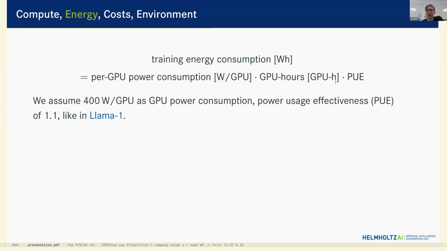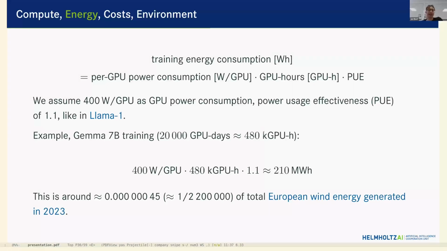There's also this power usage effectiveness factor. Don't ask me exactly what that is, I just took this from a paper. But let's punch in the numbers again and see what we get. For the Gemma training, 20,000 GPU days are around 480,000 GPU hours. And the result is that it took 210 megawatt hours to train this model.